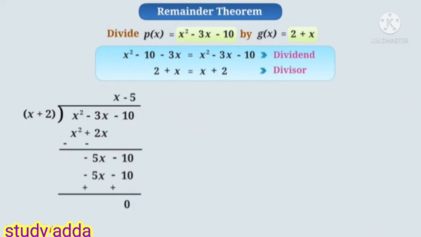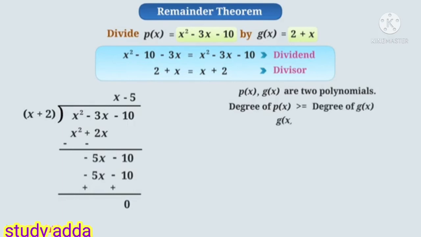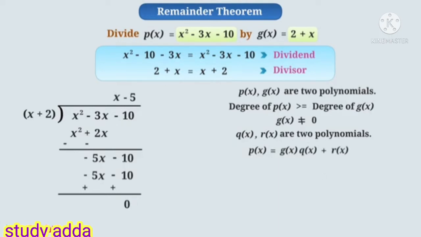So we can say that if p of x and g of x are two polynomials such that the degree of p of x is greater than or equal to degree of g of x and g of x is not equal to 0, then we can find polynomials q of x and r of x such that p of x is equal to g of x multiplied by q of x plus r of x, where r of x is equal to 0 or degree of r of x is less than the degree of g of x.